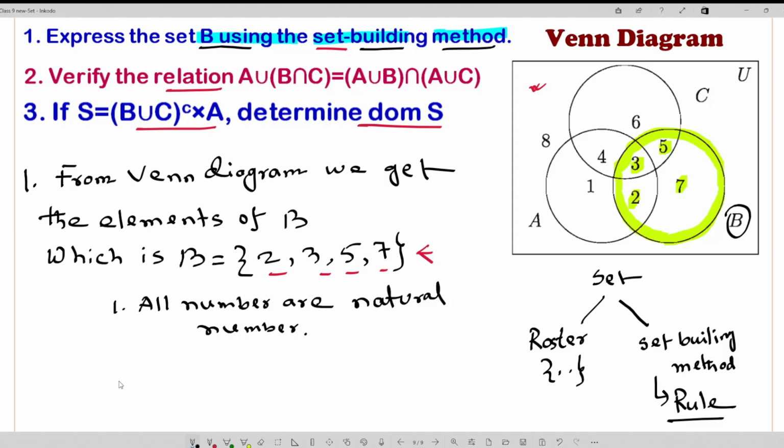Here is one point. Second, which is very important, all numbers are prime numbers, right? Look, 2, 3, 5, 7, everything is a prime number.